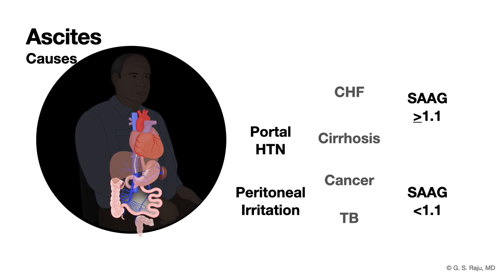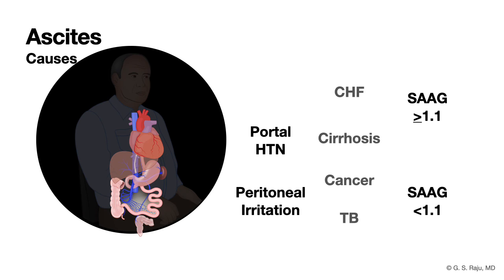On the other hand, if the SAG is low, it is peritoneal irritation. And if the patient is coming from an endemic area where tuberculosis is prevalent or an immigrant from that area, you should consider tuberculosis. And these patients may have other systemic symptoms like low grade fever, night sweats, anorexia, weight loss, and they may have lymphadenopathy.